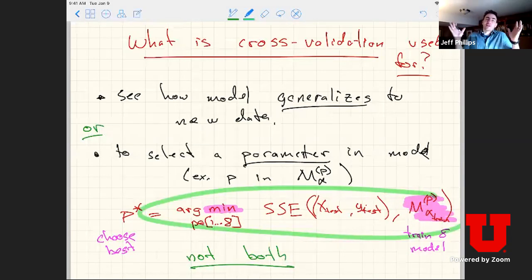Arg min kind of looks like, we took this Bayesian inference thing, and we wrote down the maximum a posteriori estimate, or the maximum likelihood estimate, and then we took the negative, we turned it into a minimum. We found the minimum cost function, right? The function which minimized this error, right? That was kind of selecting our model.